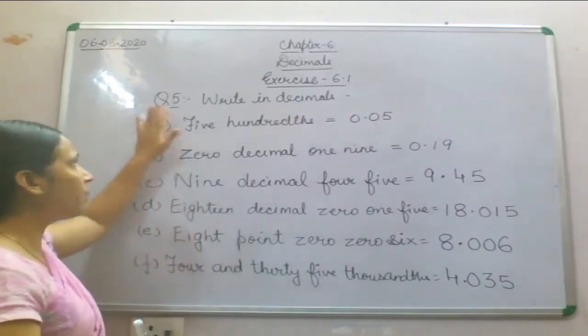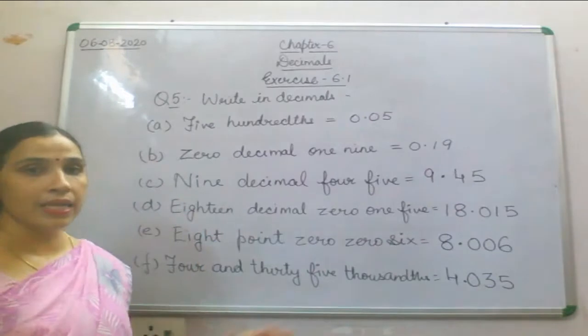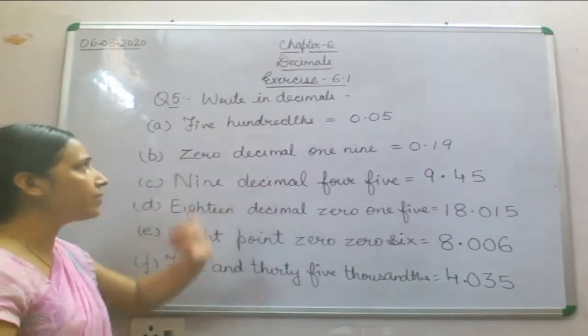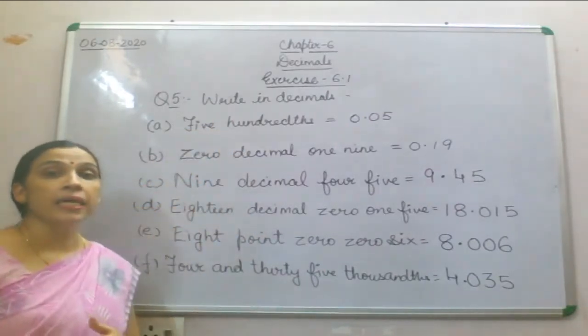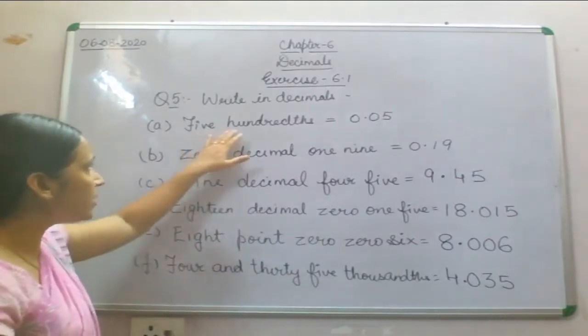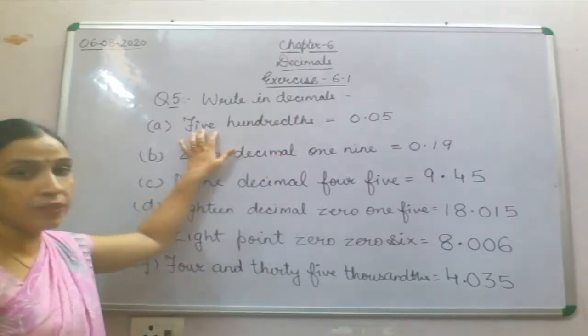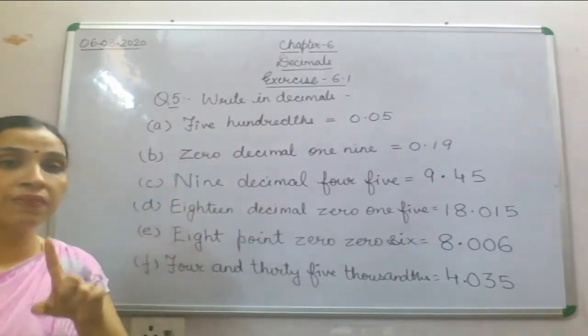Now in question number 5, you have been given numbers in words and you have to write them in decimals. A part is 5 hundredths. As you can see, the place value of the decimal is hundredth, but here you have been given only one number, that is 5.